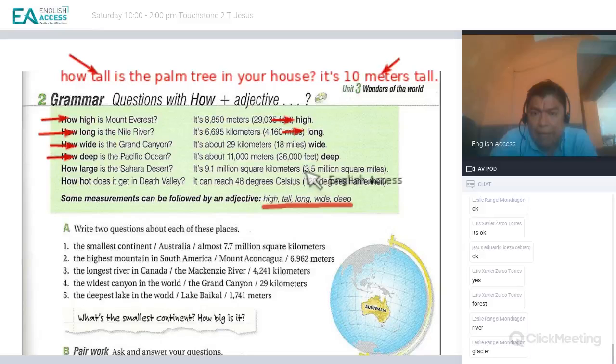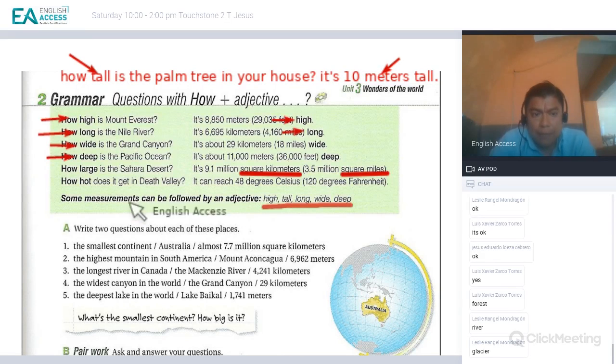Okay, so we have either square kilometers or square miles. And that's it. That's our description.